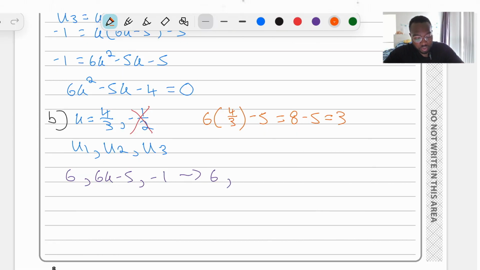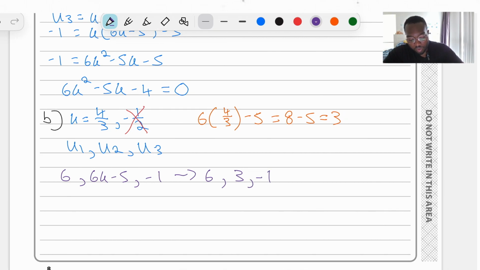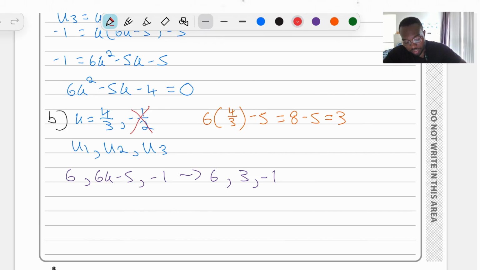So we know that u2 is just 3, so therefore we get 6, 3, and we have minus 1. We need to work out the sum, so working out the sum of this is just going to be 6 plus 3 minus 1, which gives me a grand total of 8.